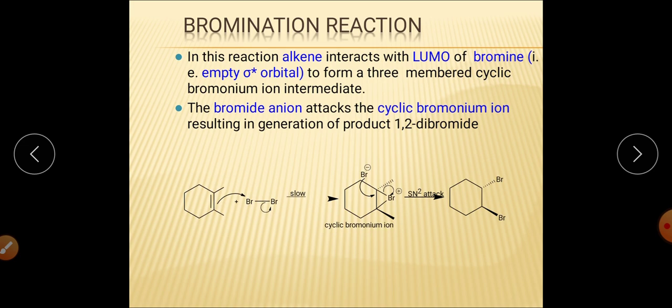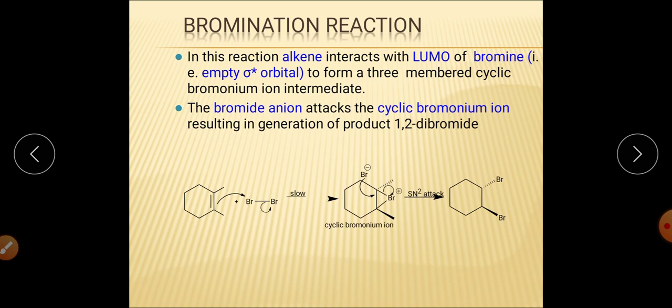You can see here, this was a cyclic species, and when it comes in contact with this particular bromine, it undergoes intermediate formation, and here the cyclic bromonium ion has been synthesized. Because of that, the second bromine, Br negative, which acts here as a nucleophile, will now attack from the backside.